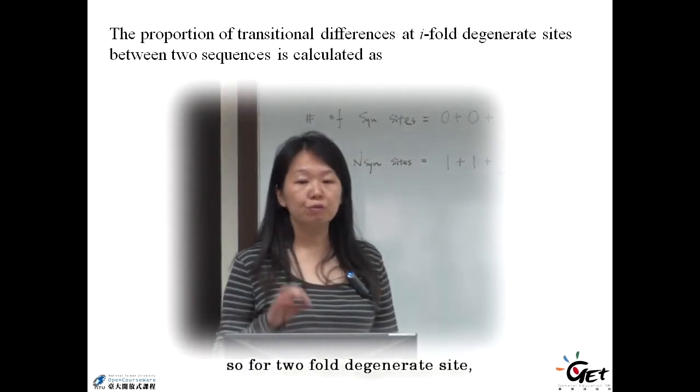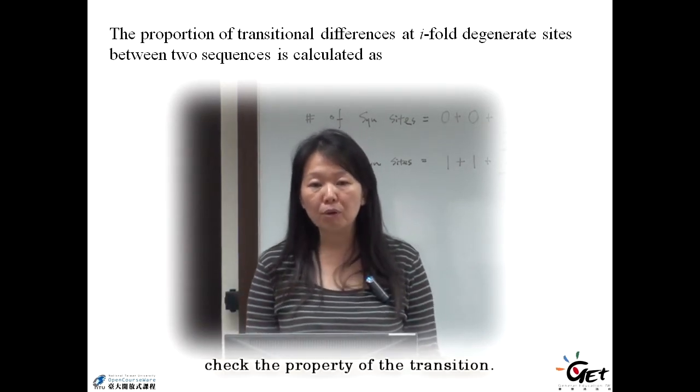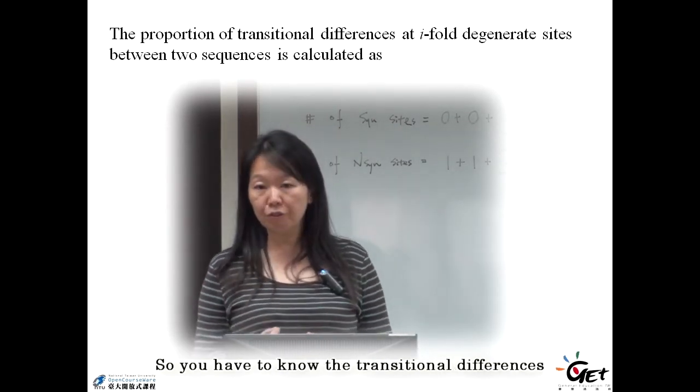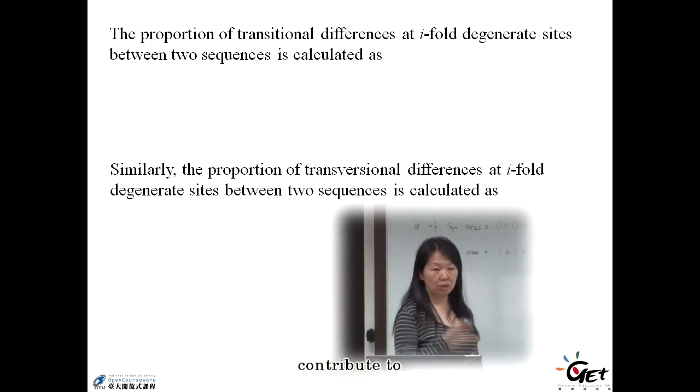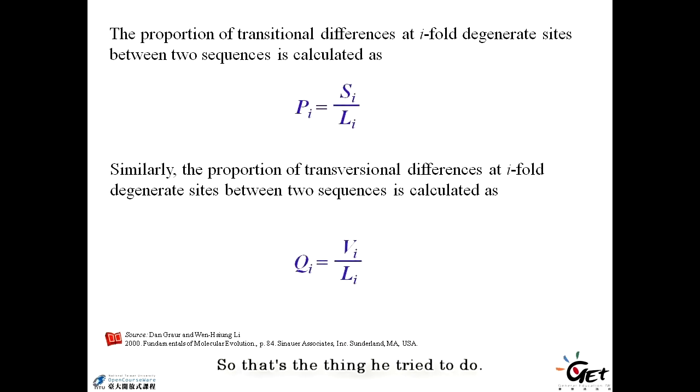Okay, so for 2-fold degenerate sites, you have to check the property of the transition. You have to know how transitional differences and transversional differences contribute to the changes of the amino acid state. That's what he tried to do. So for the proportion at 4-fold degenerate sites, they use the notation S and V for transition and transversion, divided by the total number.